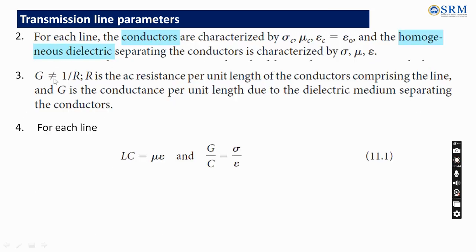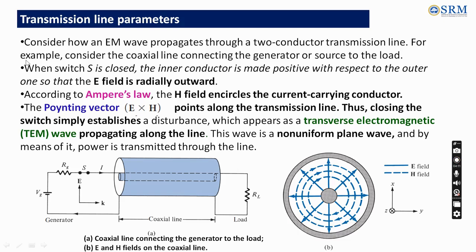The conductance G is not equal to the reciprocal of resistance as we might think. In a transmission line, R is the AC resistance per unit length of the conductors, and G is the conductance per unit length because of the dielectric medium separating them. For each line, we can relate LC equal to mu times epsilon, and G by C equal to conductivity by permittivity.